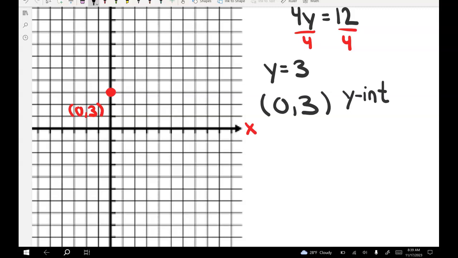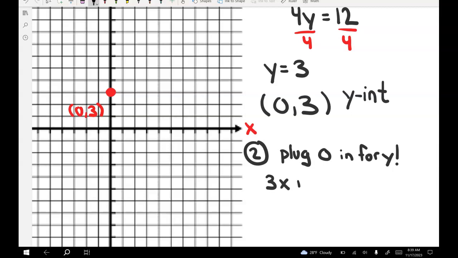Your second step is instead of plugging 0 in for x, we're going to plug it in for y. I'm going to say plug 0 in for y. So we'd write 3 times x plus 4 times, now instead of y, we're substituting it with a 0.